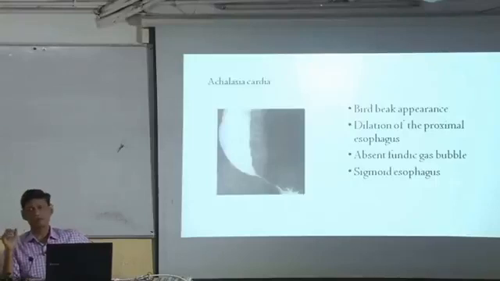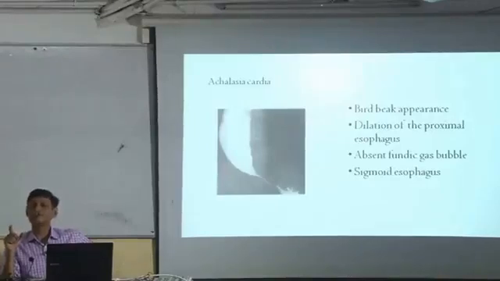Scleroderma is a connective tissue disease, right? It is an autoimmune disease. It affects a number of organ systems, and among those organ systems it also affects the smooth muscles.